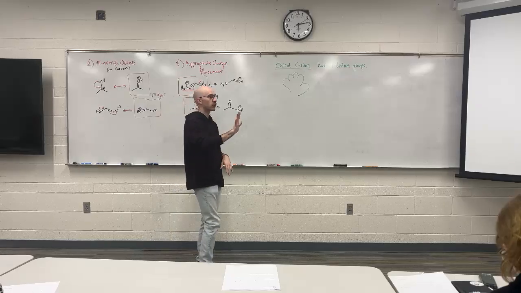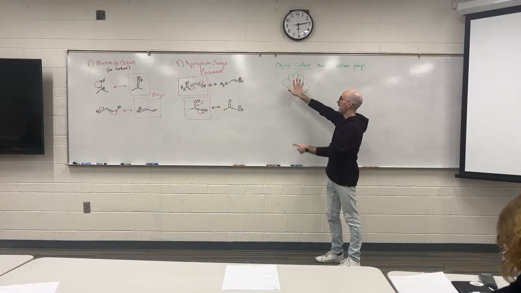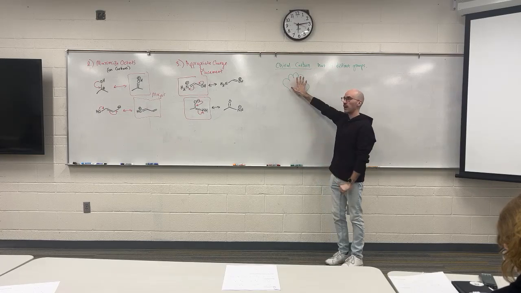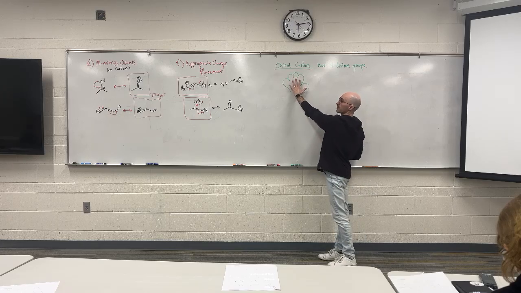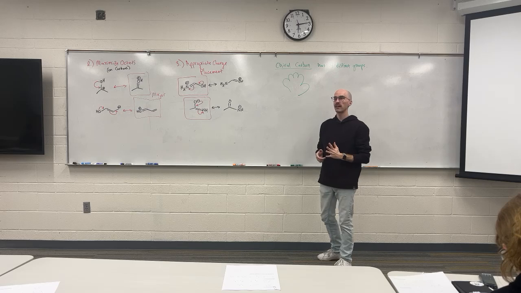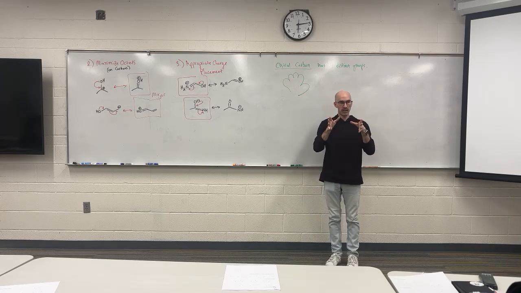So if your palm is toward the board and your fingers go thumb to pinky counterclockwise, that's your right hand. If your palm is toward the board and your fingers go thumb to pinky clockwise, that's your left hand. You need to have an agreed upon orientation of these groups.